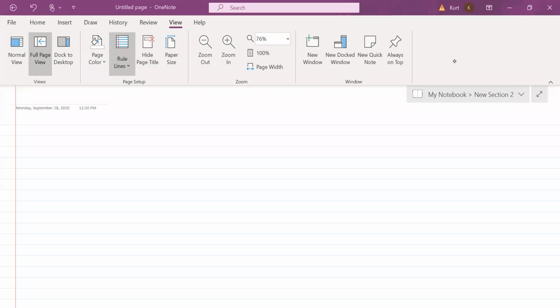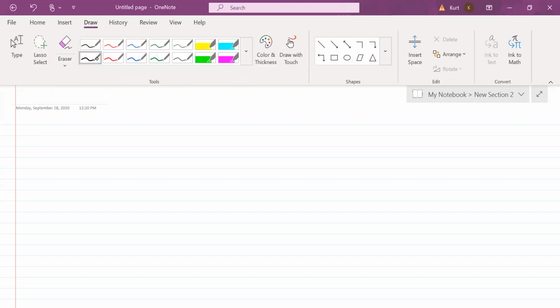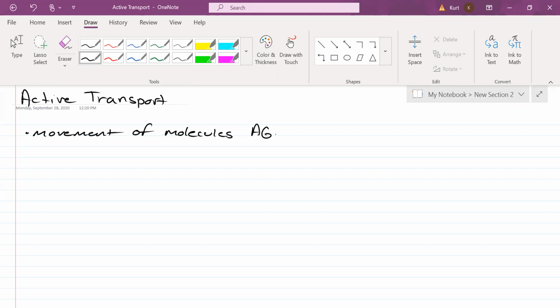All right, active transport processes. So, active transport is all about the movement of molecules against the concentration gradient by using energy from ATP.